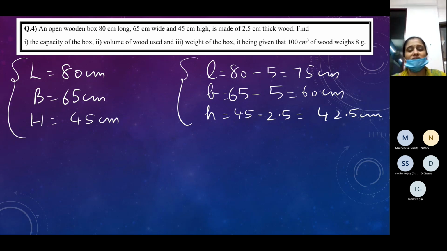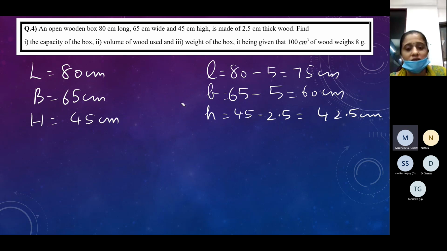Very good. So capacity of the box means what the box can hold. And where will it hold? Inside. Then capacity of the box means you should use the internal dimensions, because capacity means you're going to store something inside the box. All of you understood?